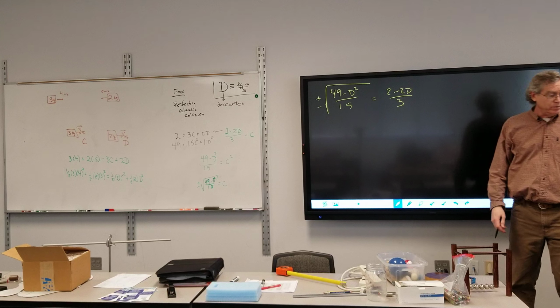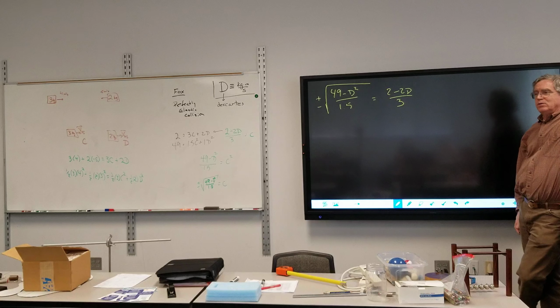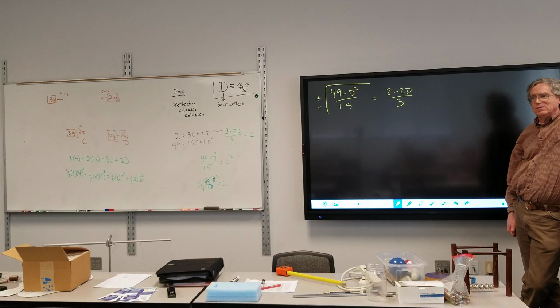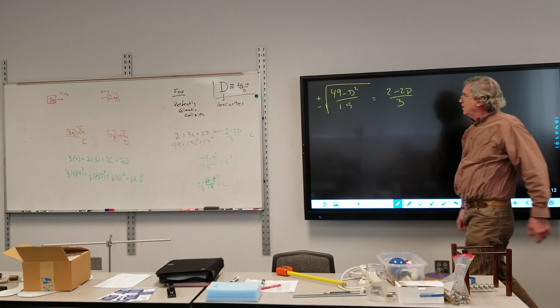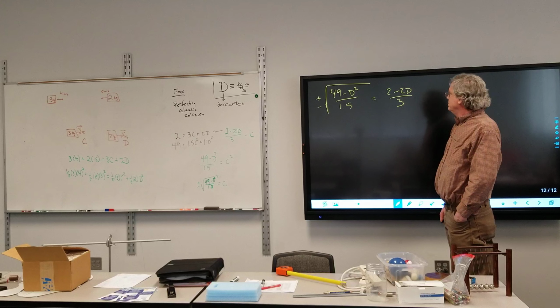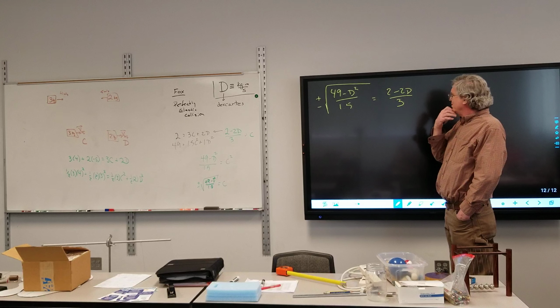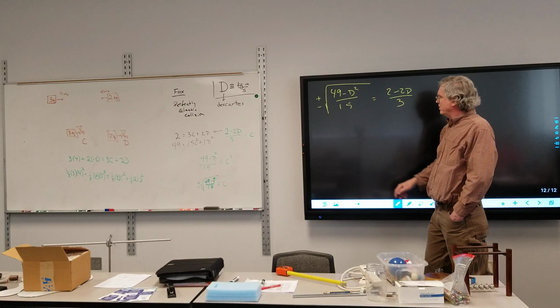One equation, one unknown. You want to solve the positive one or the negative one first? Positive. Or actually, we're probably just going to square both sides, so it doesn't really matter if we do positive or negative there.